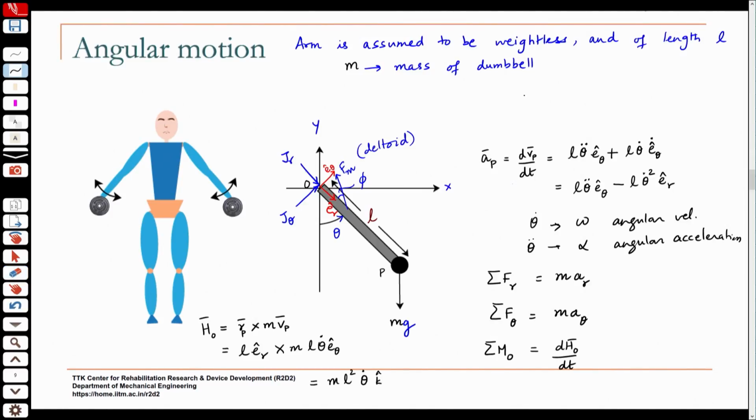Now if I do d h naught by dt, m and L square do not change with time. So, I get m L square theta double dot k. This is your familiar I alpha, I naught alpha.